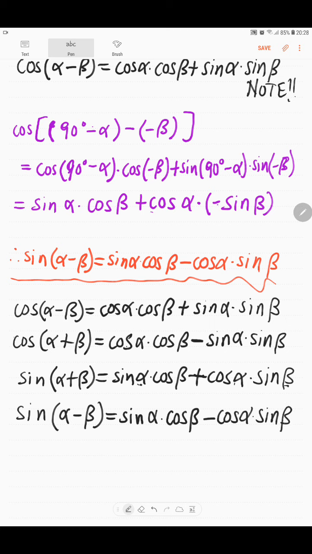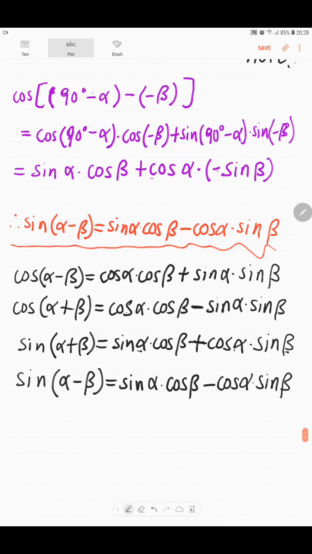What I have noted from this is that for the cosine function, if it's negative on the left hand side, then it will be positive on the right hand side, and if it's positive on the left hand side, then it will be negative on the right hand side.